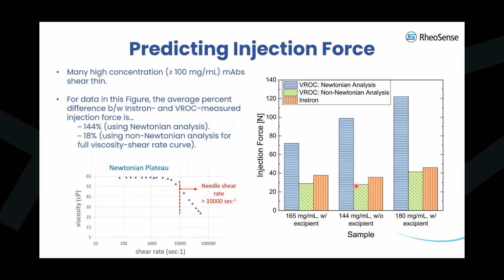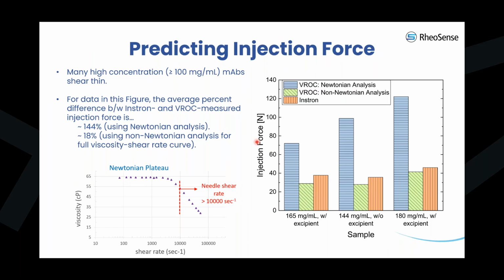Now let's see the difference by looking at numbers. As shown on the graph on the right, Newtonian analysis tends to overestimate the injection force, as indicated by these blue bars. In contrast, the non-Newtonian analysis, shown by green bars on the graph, aligns very closely with the Instron measurements.